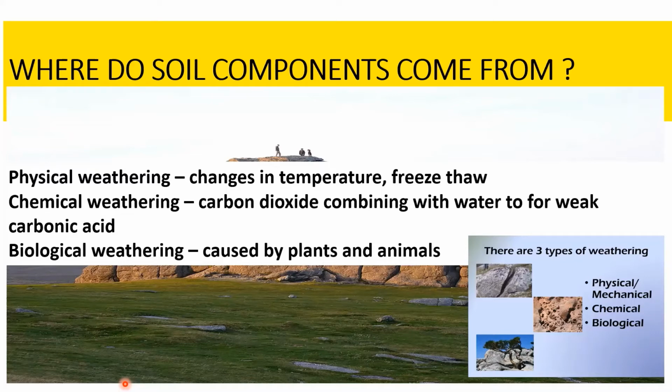You can even see bushes or trees growing from cracks in rocks or in dilapidated buildings. As they grow bigger, the roots push open the cracks and make them wider and deeper. Eventually, pieces of rock may fall away.